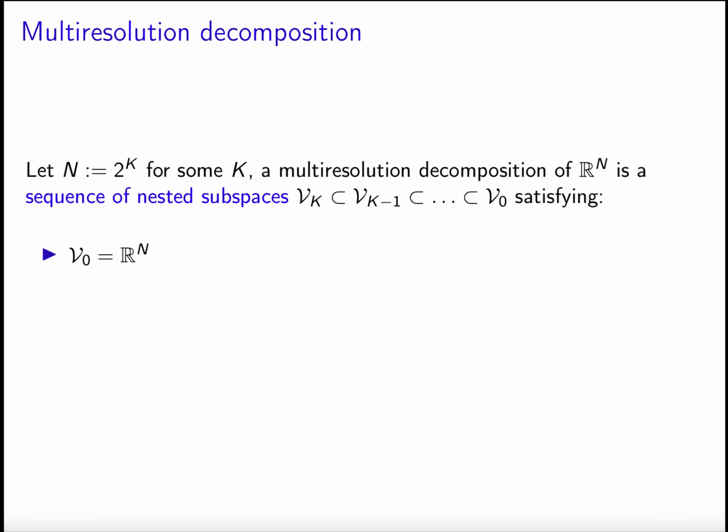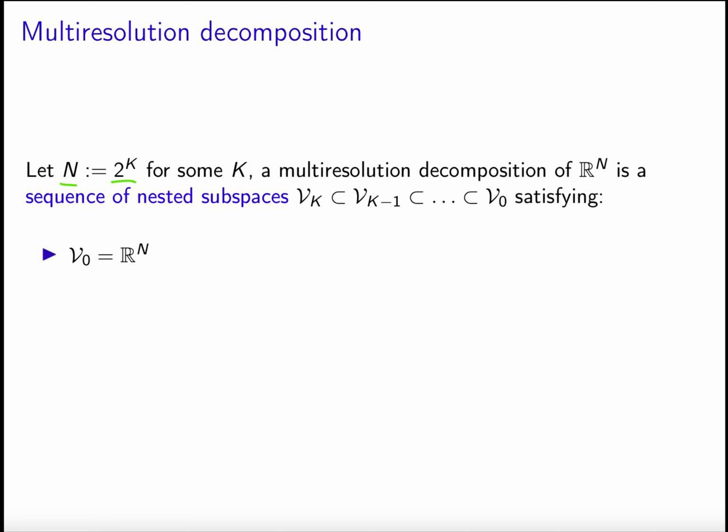Now we're going to take a step back and introduce a mathematical framework that allows us to think about these things in a formal way. We're going to assume, just for simplicity, that the length of the signal is 2^k. And this multi-resolution decomposition, we're going to think of it as a sequence of nested subspaces.